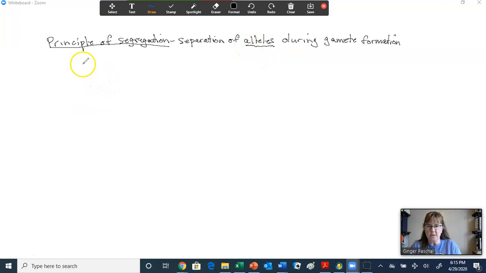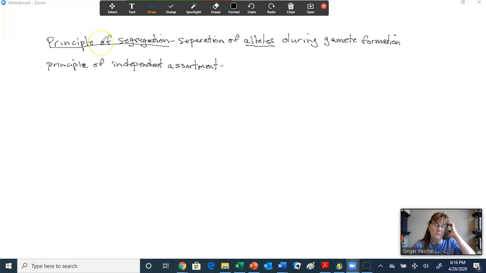The reason why that's so important is because we're going to talk about the principle of independent assortment. Independent assortment is the same exact definition as principle of segregation with one word difference.